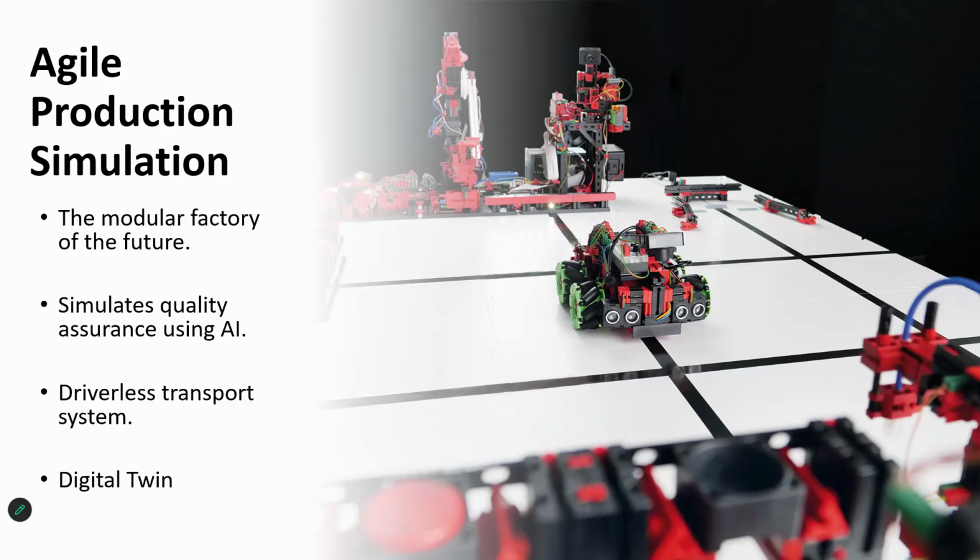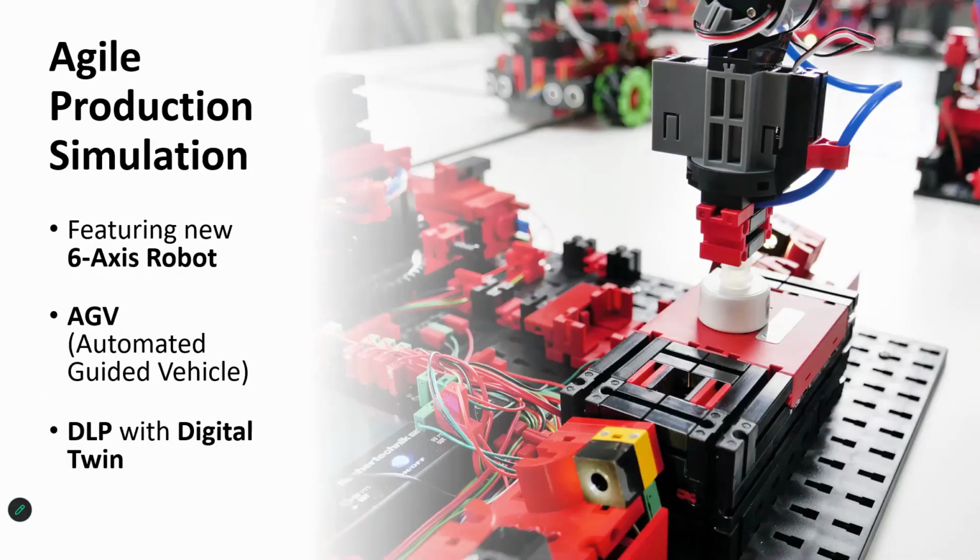The model includes several features not previously available in the fischertechnik simulation line, including an automated guided vehicle and a six-axis robot. The accompanying didactic materials help to translate the hands-on simulated processes into future skills for both students and teachers. Now, in addition, the digital twin of the model helps to significantly intensify the learning experience.